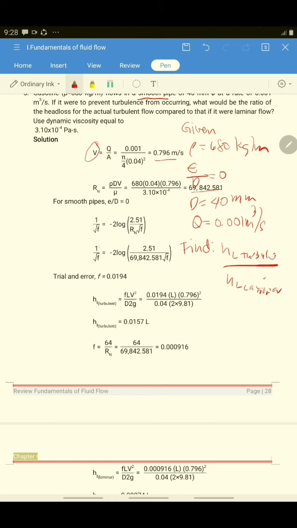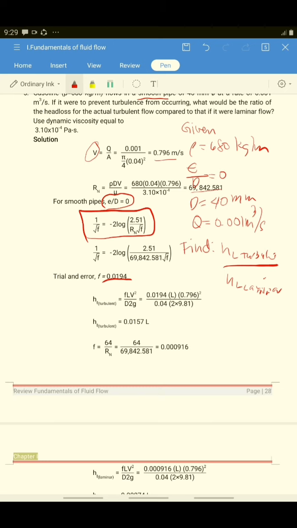So that's why you have to use the Colebrook-White equation. Since your pipe is smooth, what you have is only this, because it is already 0. So what you have is this formula from the Colebrook-White equation. Substitute that to the formula, and you can get 0.0194 for your F.